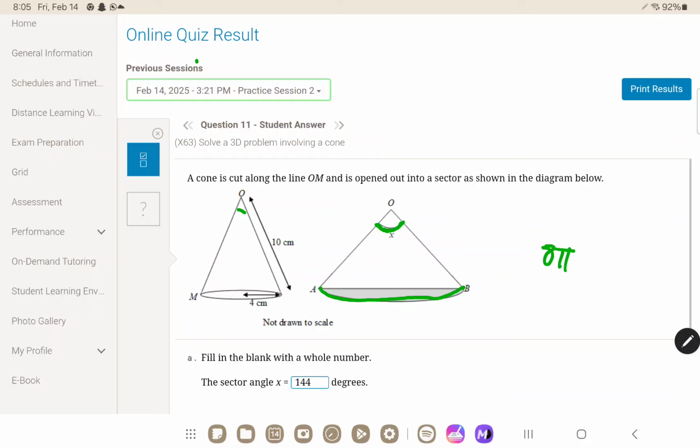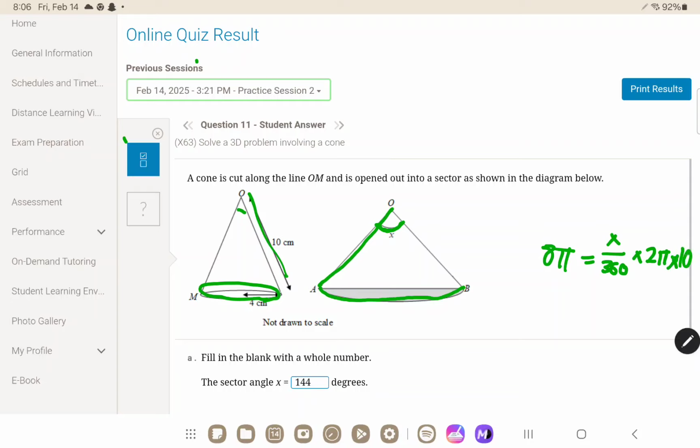Now we want the sector angle. AB is practically this entire thing but opened up, so it's the entire circumference, 8 pi. Now we want the arc length, which is going to be 8 pi equals x over 360 times 2 pi times your new radius, which is OA, which we know is 10.